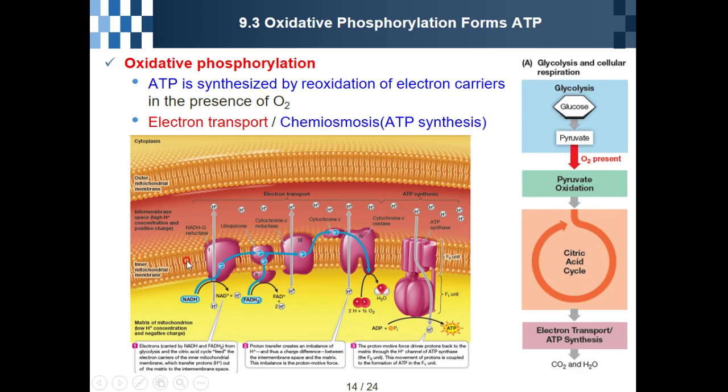So this is electron transport starting from complex 1, complex 2, complex 3, and complex 4. Nowadays, some scientists find that complex 4 has a very important role in aging. So who studied this one? Complex 4?